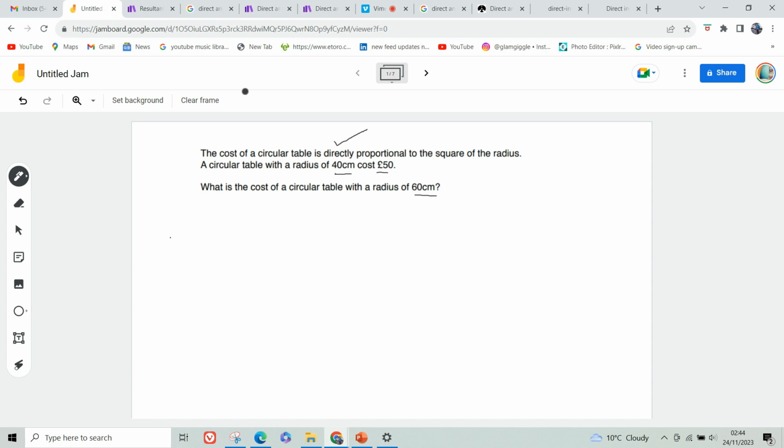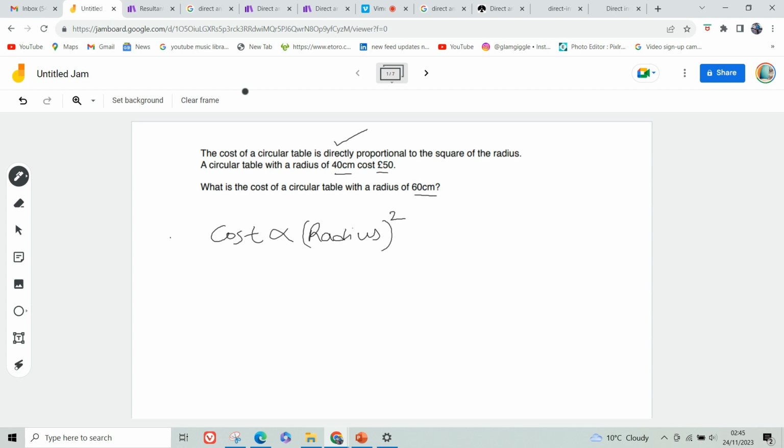Okay, now let's say the cost is directly proportional to the square of the radius. This is the given condition. Okay, you have to be careful while you are reading the question. The cost of the table is directly proportional to the square of the radius.